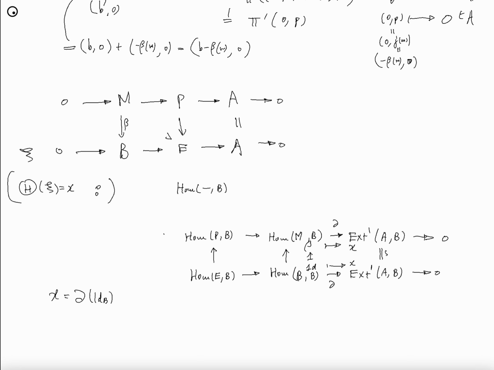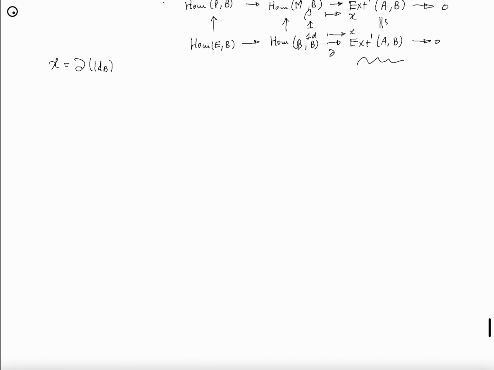Which means this sequence splits dependently if this is 0, right? This is just split from this position, so it's equivalent actually.